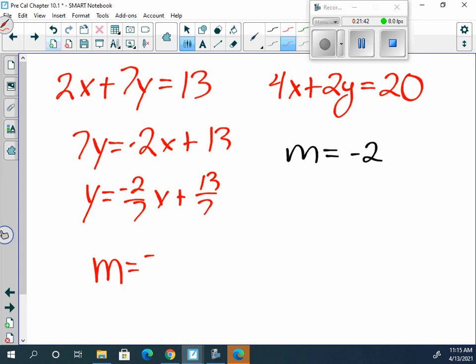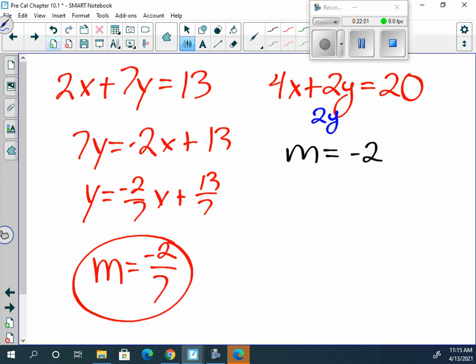The reason we can do this is because we only care about the slope, I don't care what this number is, since we're just finding the angle. If we're wanting to actually graph it, then we would need the y-intercept. Now here, when we subtract 4x, we would get 2y equals negative 4x plus, divided by 2, we would get y equals negative 2x.